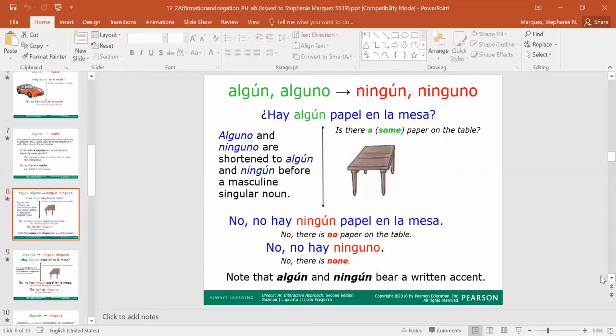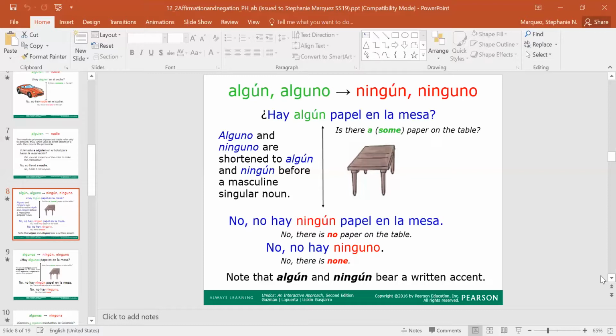But remember what I said toward the beginning of the video, the only grammatical component to any of this vocabulary, and that is that whenever one of those words, alguno or ninguno, comes before a masculine and singular noun, they get shortened to algún. You can see it there in that question. ¿Hay algún papel en la mesa? Algún is spelled A-L-G-U-N because it precedes a masculine singular noun, papel, el papel.